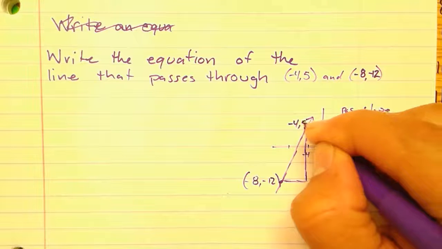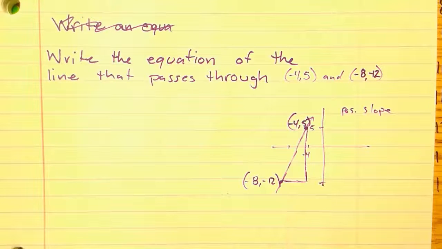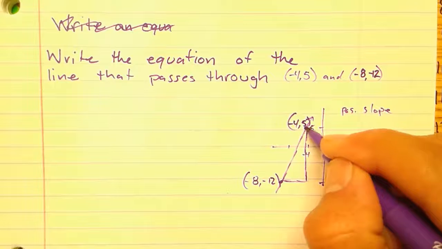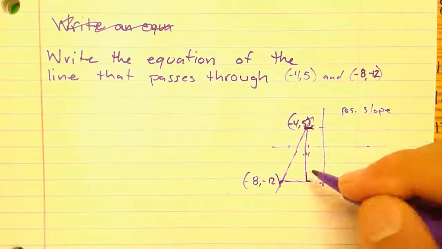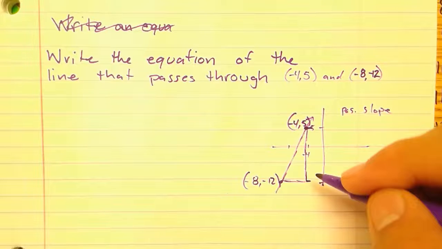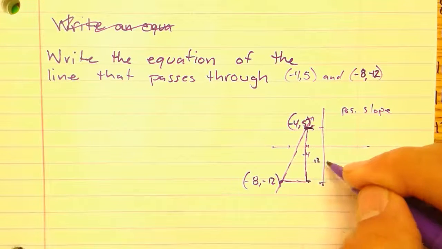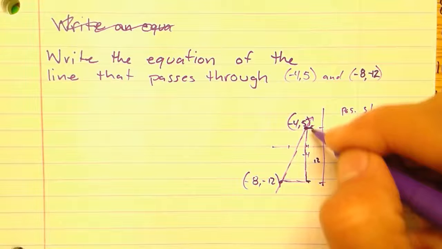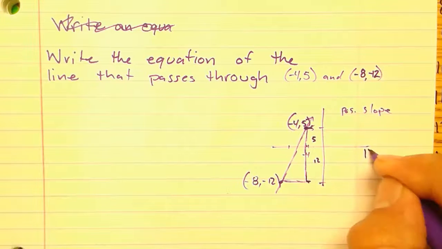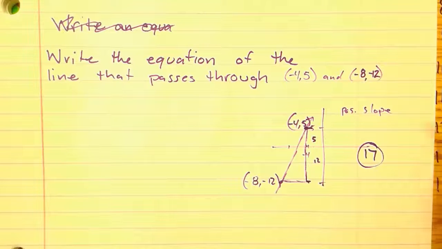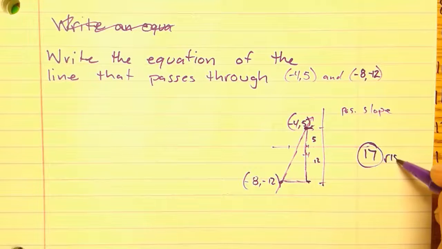First question is, how far is it from the top to the bottom? Well, I know that it's -12 from here to here, so that's 12. And from here to here is 5, so that's another 5, that's 17. That is my rise, or my vertical movement.